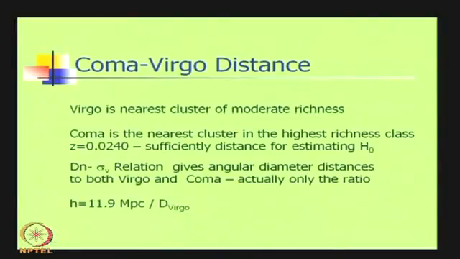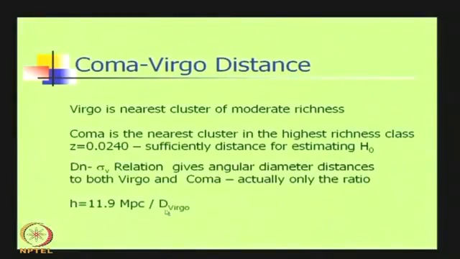And once you know the distance to Coma, you can measure the redshift also, the redshift is 0.024. So, the distance measurement and the redshift measurement will together give you the Hubble parameter, but this will only give you the Hubble parameter in terms of the distance to Virgo.